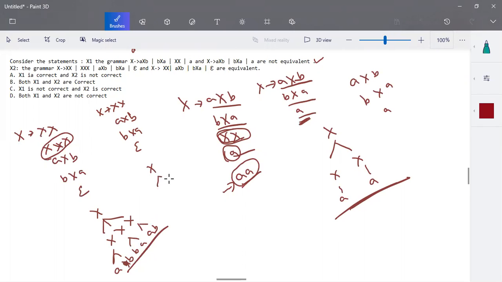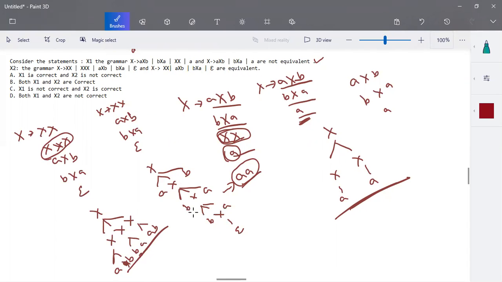X can be generated with AXB, and this X can be substituted with, I need B over here, so I can give BXA, and then I need one more B here, and give BXA, and finally you can give epsilon. So AB, BA, AB. So this is generated. Whatever is generated by this can be generated by this too.